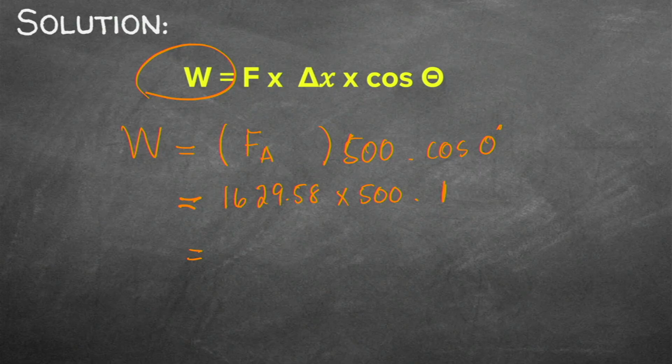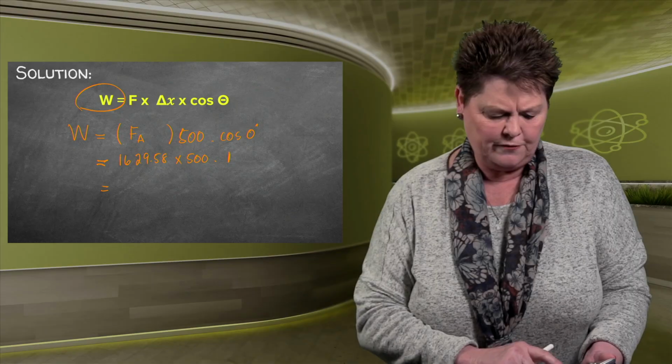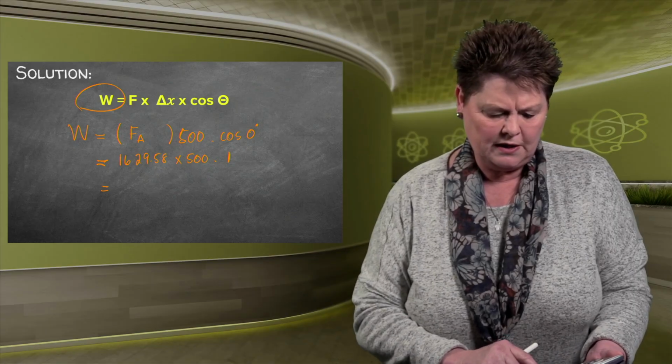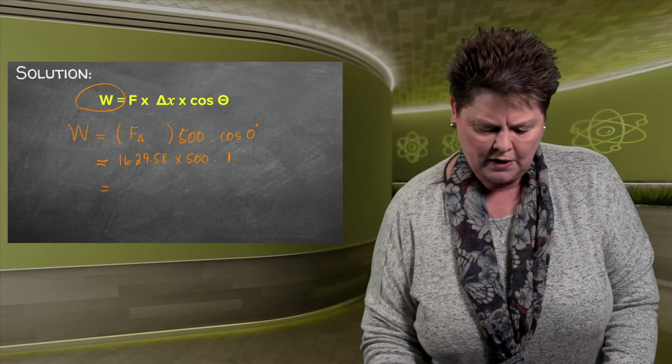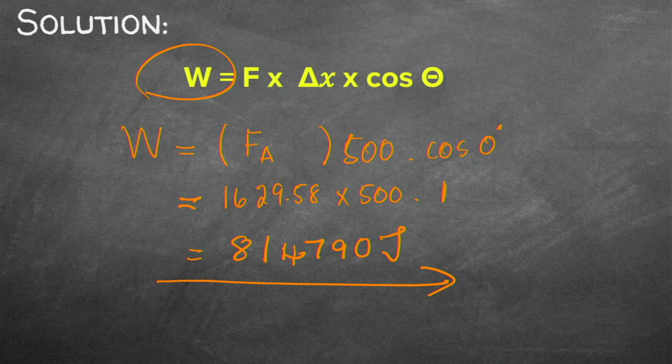Let me quickly do it. 1629.58 times 500. I'm getting a value of 814,790 joules. That's the work done by this man pulling this cart.